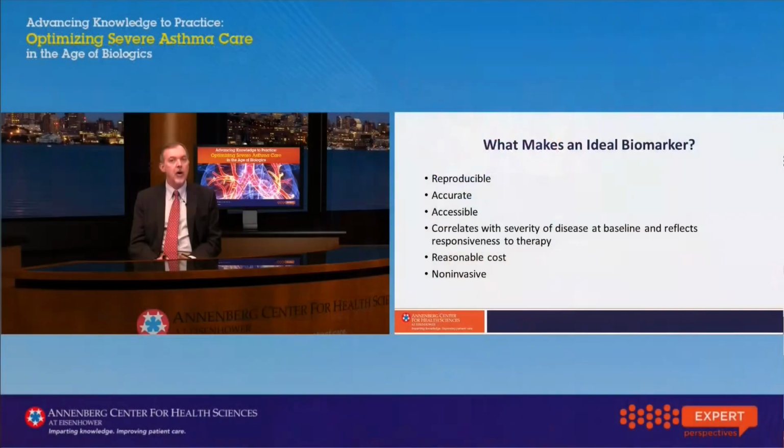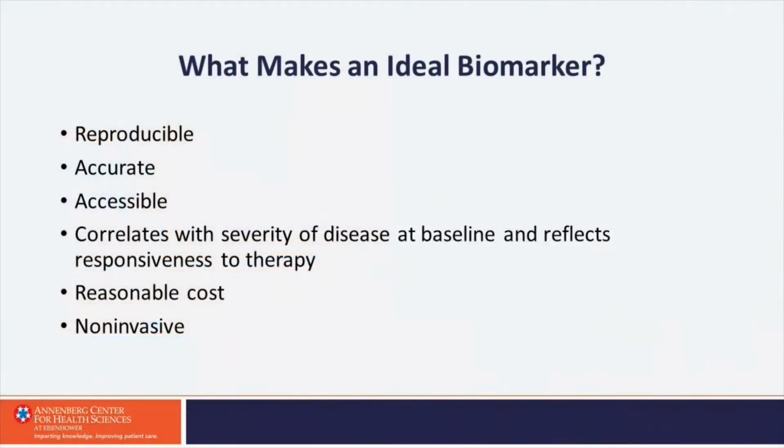So I think it's useful to discuss what is an ideal biomarker. We probably haven't identified one yet, but we're in the process of trying to hone and refine our understanding of asthma to the point where we can improve upon the biomarkers that we're using. A biomarker should be reproducible. So if you look at it at 2 points in time, you'll be able to follow it adequately. It should be accurate. It should be accessible, either a blood test or preferably something that can be obtained easily.